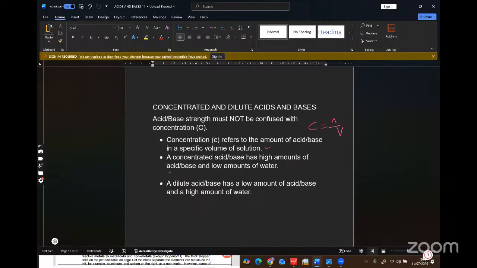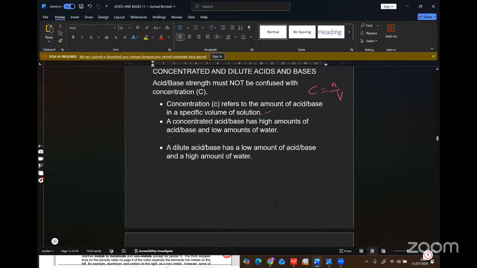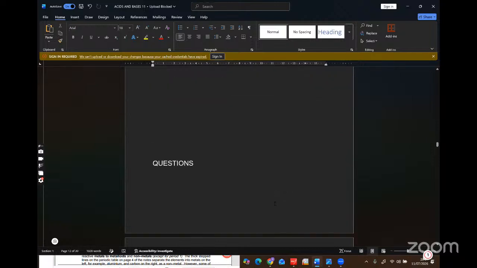A dilute substance has a high amount of water and a low amount of acid or base. So that's how you define concentrated. Concentration has nothing to do with strong acids and bases. A strong acid can be dilute or concentrated depending on the amount of water that you add to it. Okay, so this is very important.